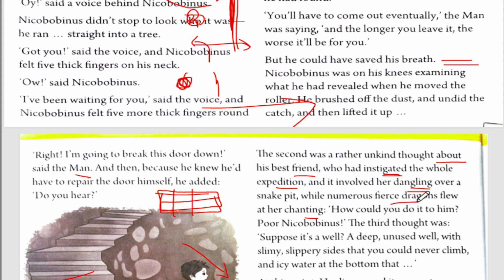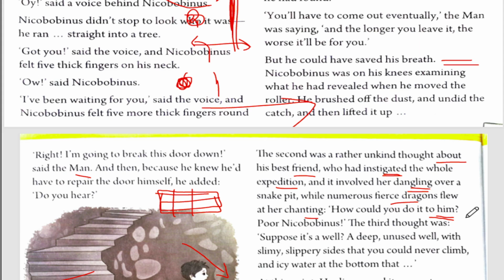After that, lots of dragons were chasing her from behind, saying, "How could you do it to him? How could you put Nicobobinus in danger?"